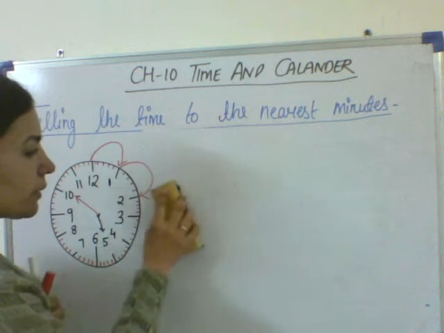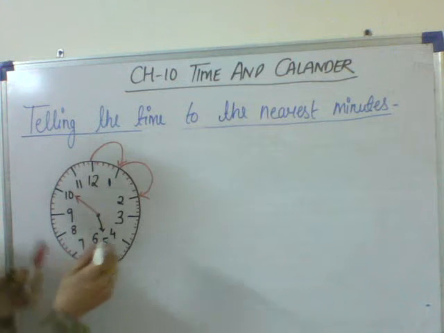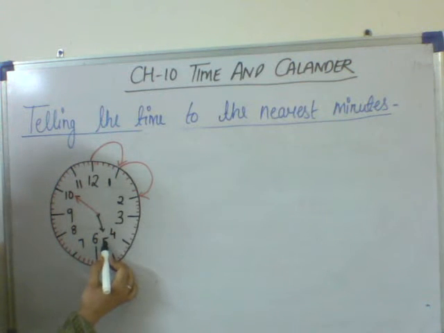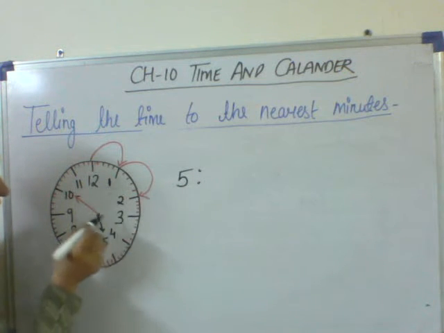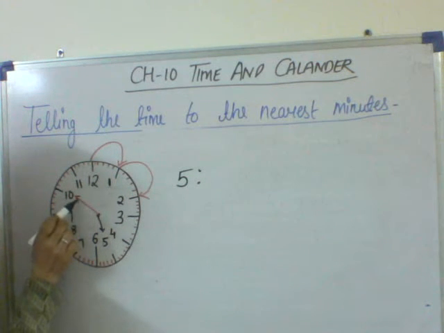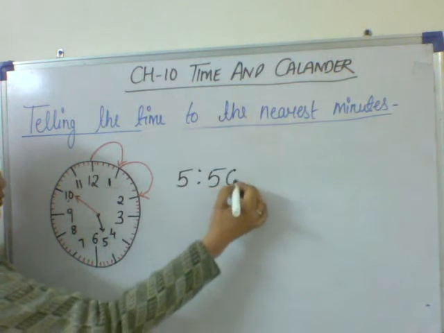The hour hand is at 5, so I will write 5, and the minute hand, the red one, is at 10. So 5 tens are 50. So it is 5:50.